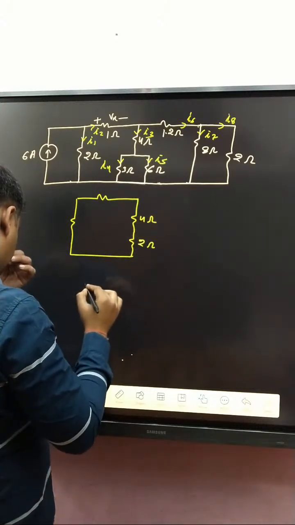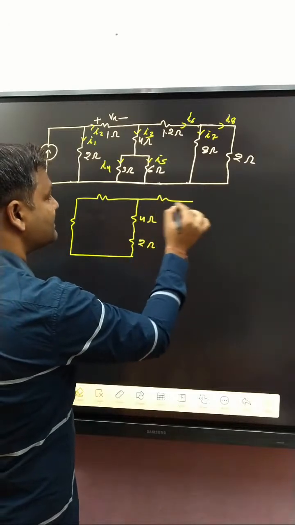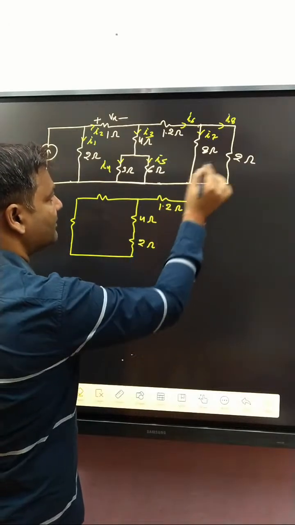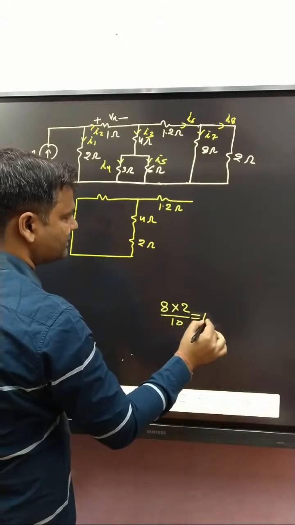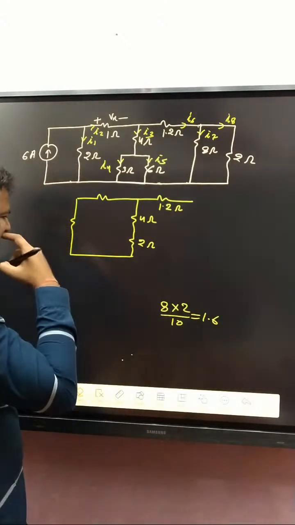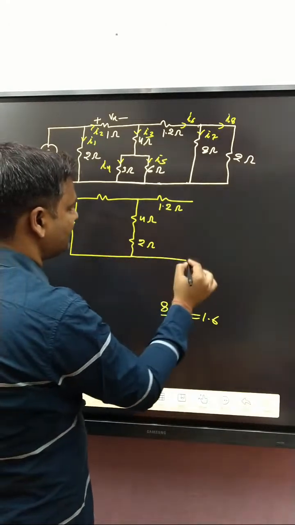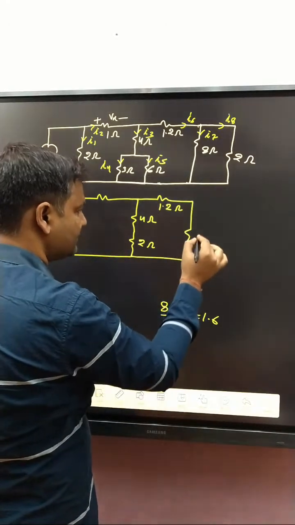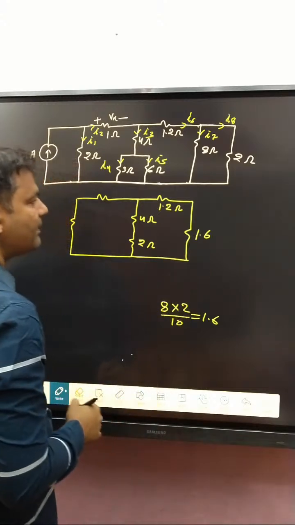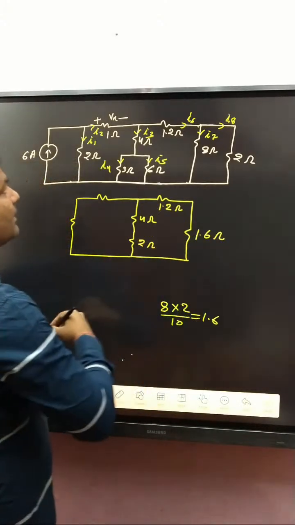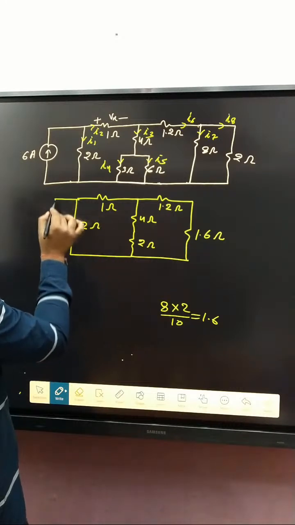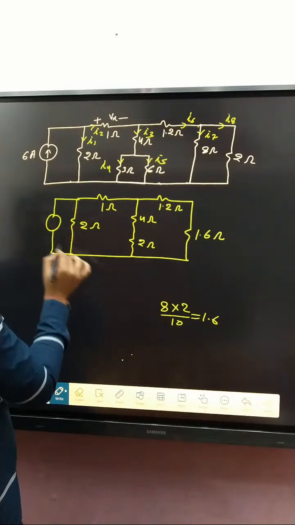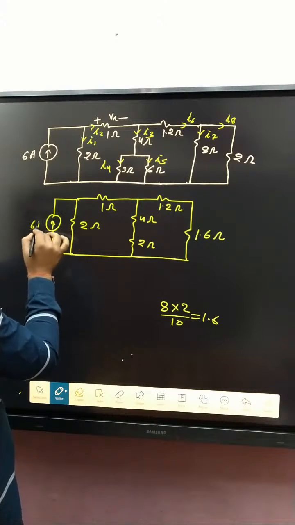Okay, and what about that resistance, 1.2 ohm? Combination of these two, 8 into 2 divided by 10, that is 1.6. Okay, that is 8.6 ohm, and that one is 1 ohm, that is 2 ohm, and this one is a current source, that is 6 ampere.